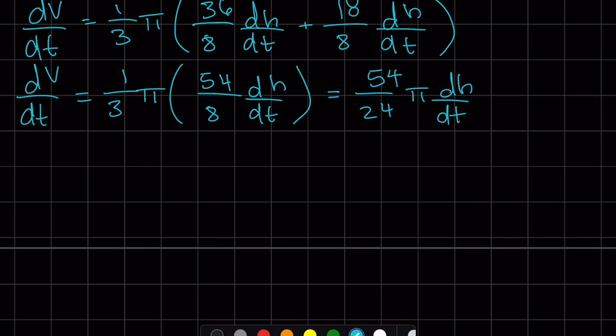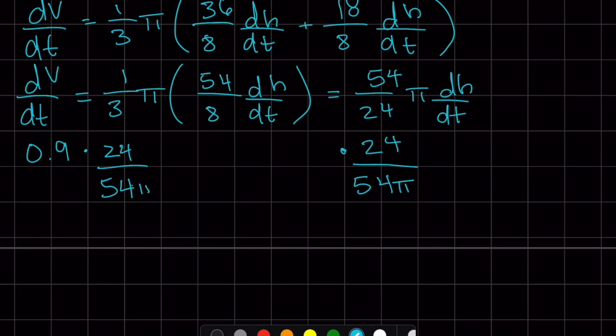Awesome. Now I can solve for dh over dt by multiplying this by its reciprocal, so multiplying by 24 over 54 pi. And I can plug in dV over dt to be 0.9 times, and then I'm going to multiply by that reciprocal again. And that's going to give me what dh over dt is.